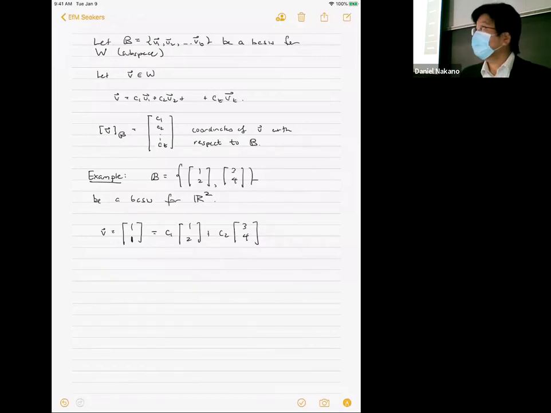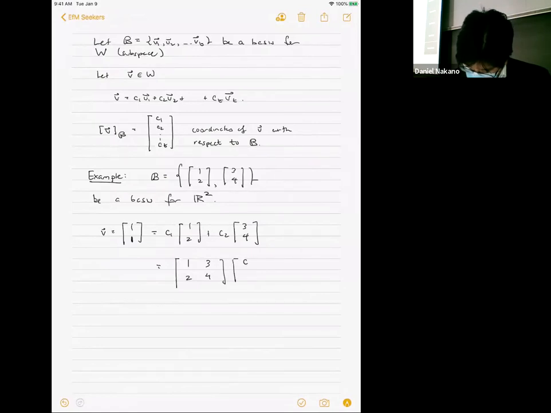Now, we've actually seen this before. This turns out to be equivalent to looking at a system of equations. So I can write this out as the matrix [[1, 3], [2, 4]] times (C1, C2), just the matrix equation like that.